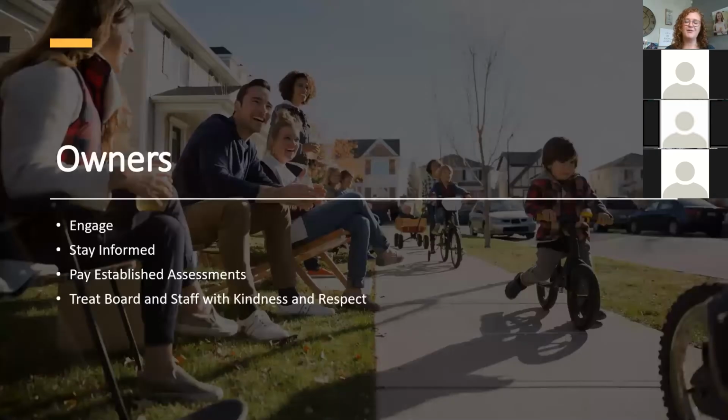And owners have an obligation as well. They have an obligation to be engaged and to stay informed. That means coming to board meetings and reading the information that's coming out. It's always hard sitting on the board, because you're going to have neighbors asking why assessments went up, or why you are doing this. You're holding meetings that all of your members have the ability to come and listen to the debate and dialogue and engage in, which would definitely make your job easier as a board and our job easier as managers.